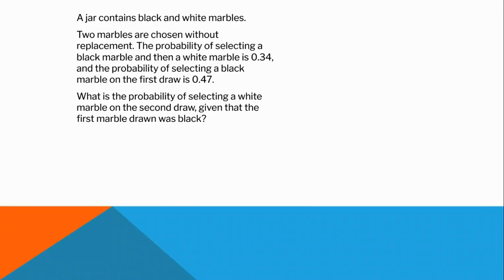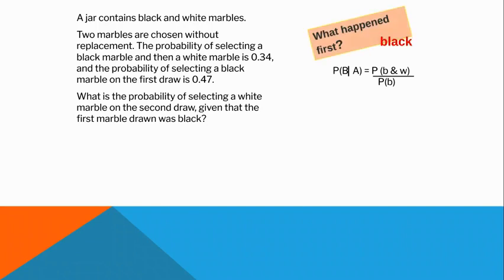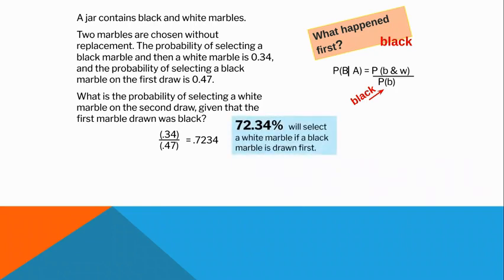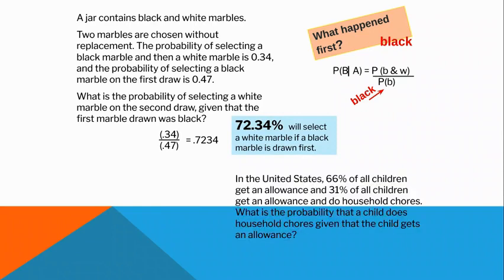The probability that we drew a black marble in the first draw is our denominator. The probability of black and white is our numerator. The black marble happened first, so it went on the bottom. So 0.34 over 0.47 is 0.7234, which is 72.34%. Remember, your probability always has to be less than 1, so your numerator is never bigger than your denominator.